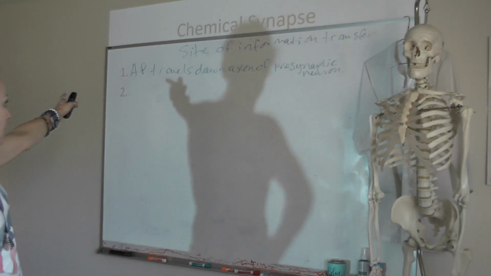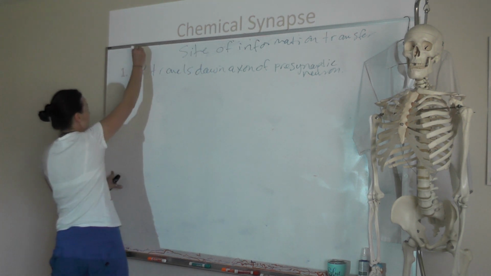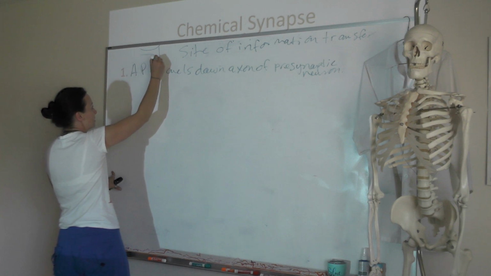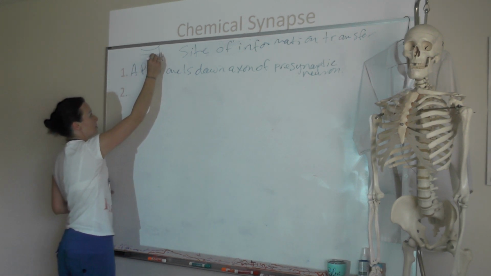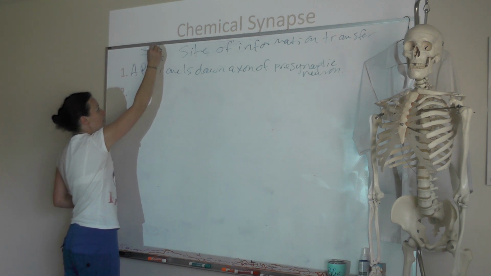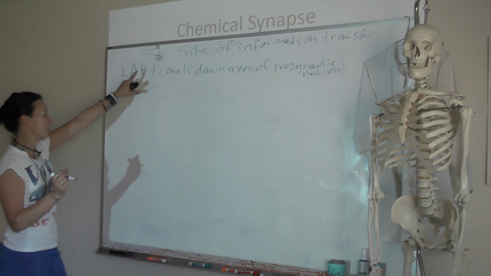So that action potential is traveling down the axon of the presynaptic neuron. When it gets to the axon terminal, that's this enlarged region at the end, there are voltage-gated calcium channels here. I have mentioned them, but we have not explicitly talked about what they do.